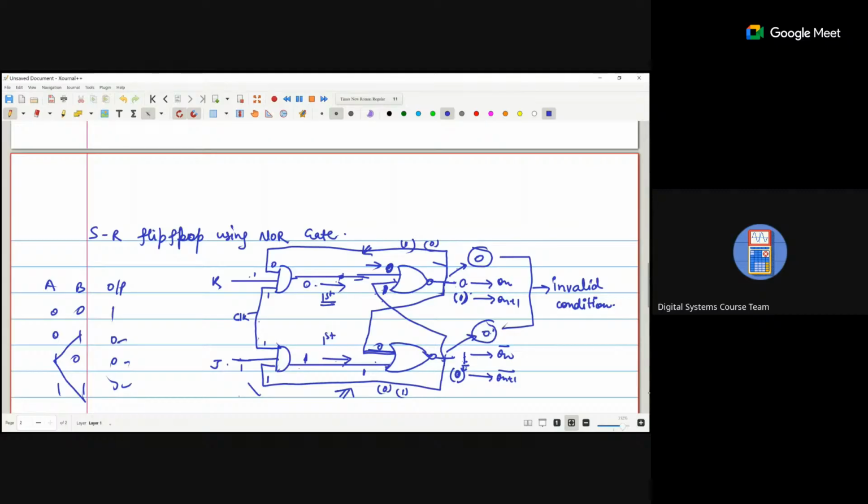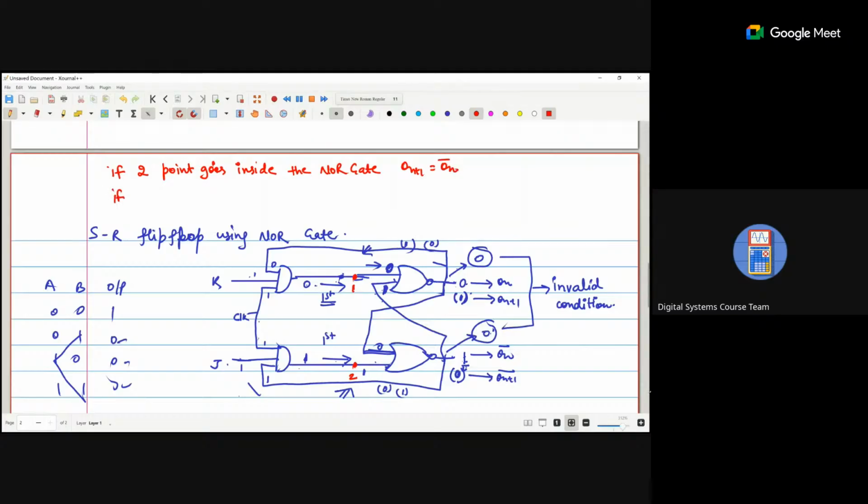If the second input goes inside the NOR gate first, Qn plus 1 becomes Qn bar.